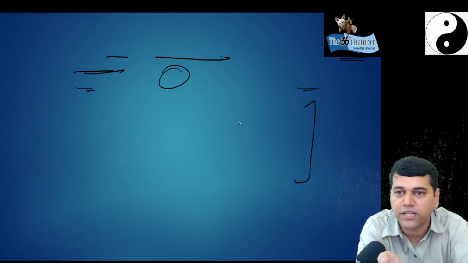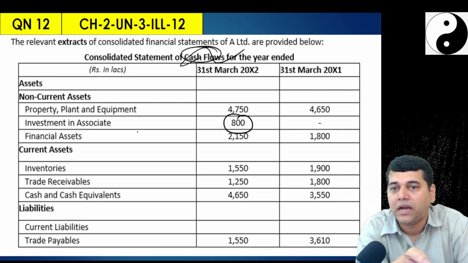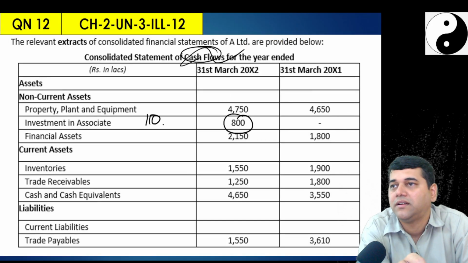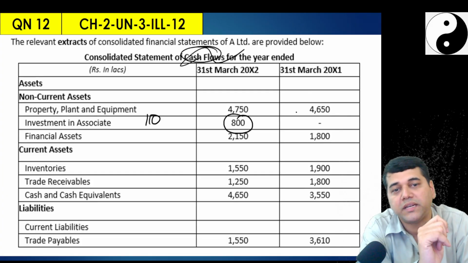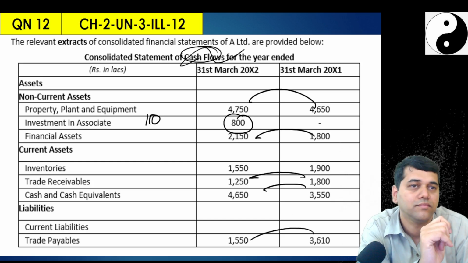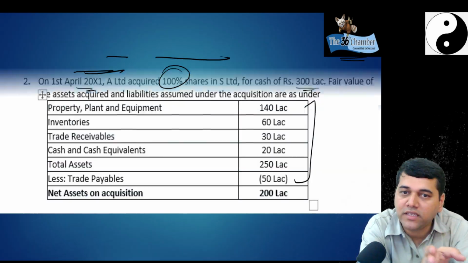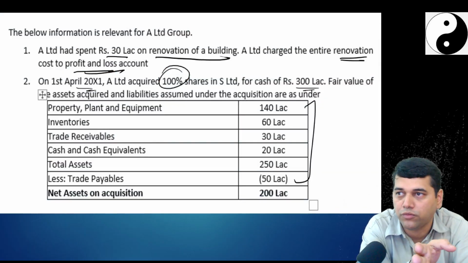Now you invested in 100% of S Limited. Obviously, as per Ind AS 110, the S Limited investment will not come, but their net assets will get added to your net assets. Followed, no? So at the end of the year, the net assets are already sitting there with you.